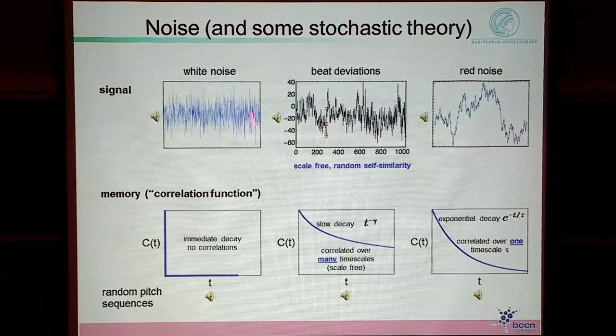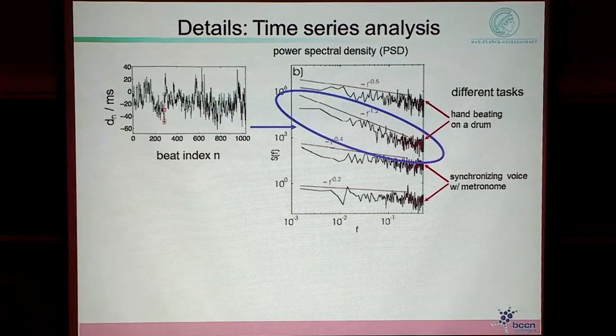But what we want to understand are, of course, the beat deviations. And I already explained their correlation functions and their power spectrum, their frequency behavior. But now let's get to actual empirical data. When we do this with our beat deviations and determine the power spectral density, so this frequency analysis, that's shown here on a doubly logarithmic scale.